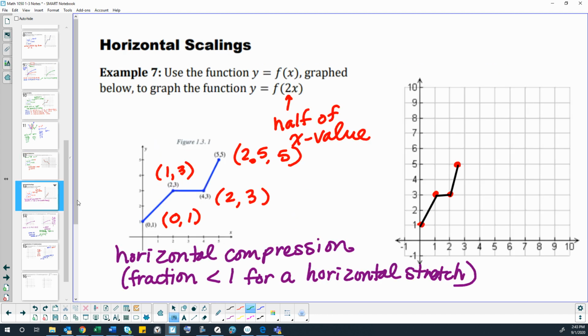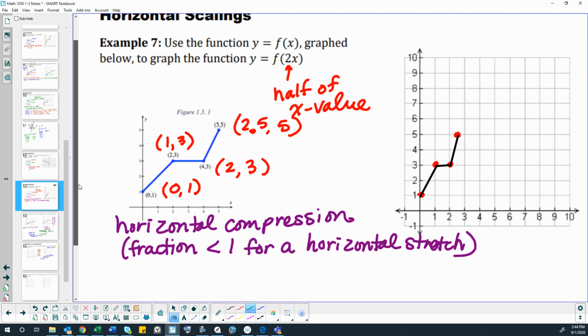Okay, so horizontal scalings are the really weird ones, and I think I already created its own video during class, and I didn't really stop to explain why this happens, but it's the same idea. Instead of the 2 multiplying times an x to get a new value that we're plugging into the function to then get y, we are attempting to get these same x values.